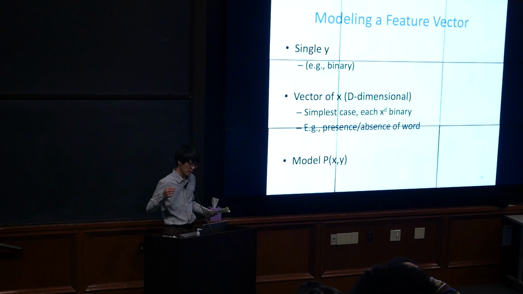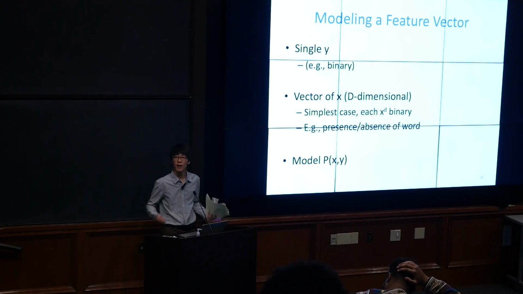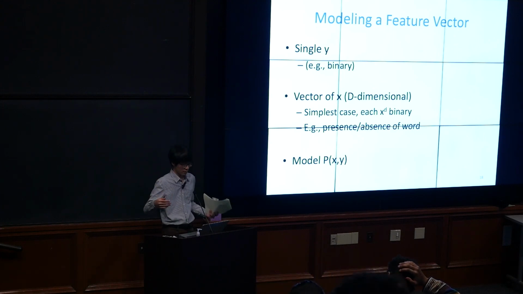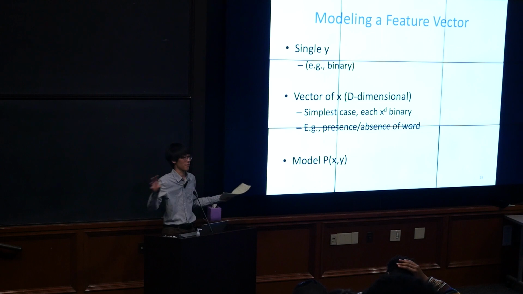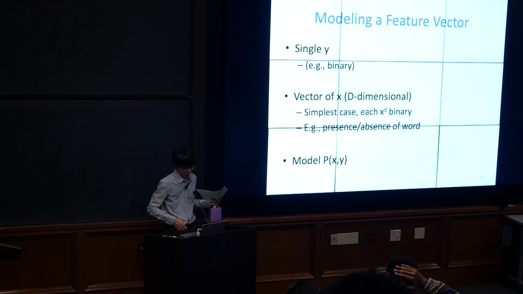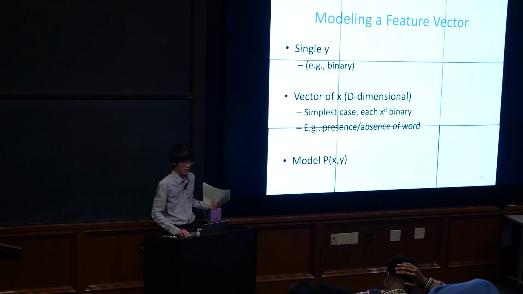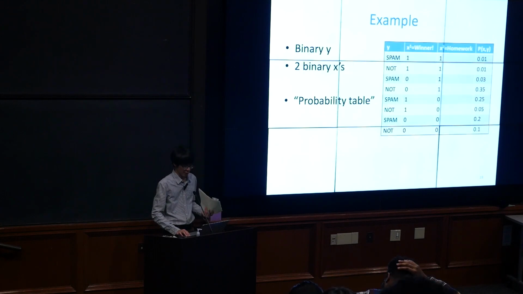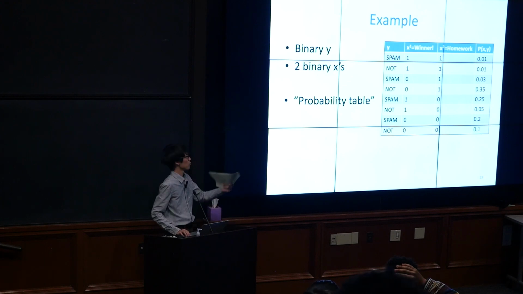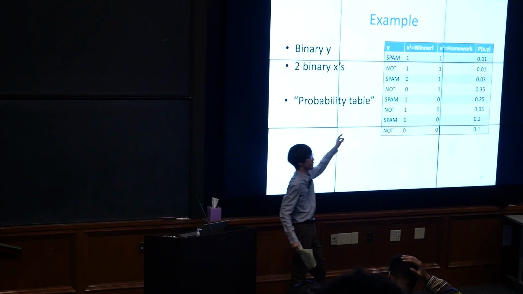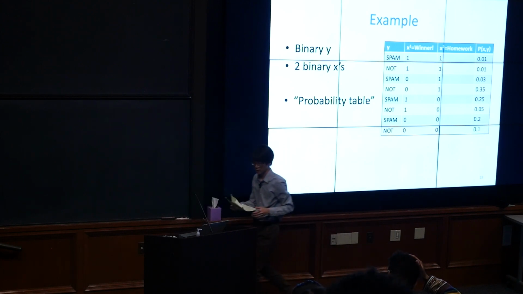In the simplest case, let's assume that it's one-hot, so the x at position d is just 0 or 1. So we just have a binary vector. And the goal is to model p(x, y). This is the same thing that we've talked about before. This is the same exact thing that we had with spam or not, except with winner and homework, except these columns are binary now instead of having the strings inside. That's all this is.